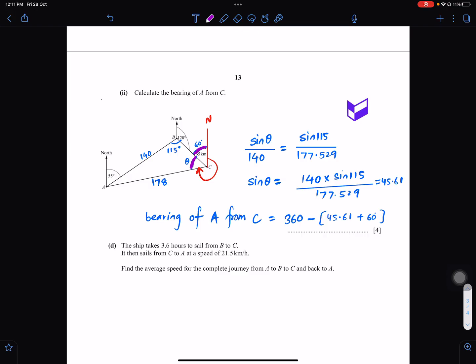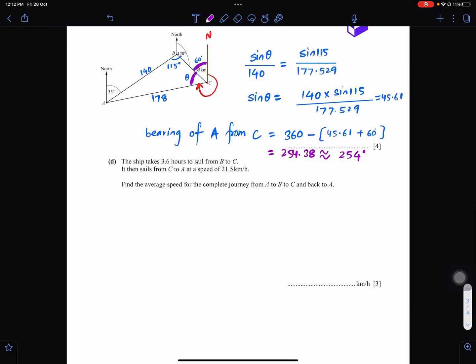So 360 degrees minus 45.61 minus 60 degrees gives me 254.38, and the bearing has to be represented with 3 digits. So I will make it as 254 only. So 254 degrees is the bearing of the point A from the point C. Not difficult.